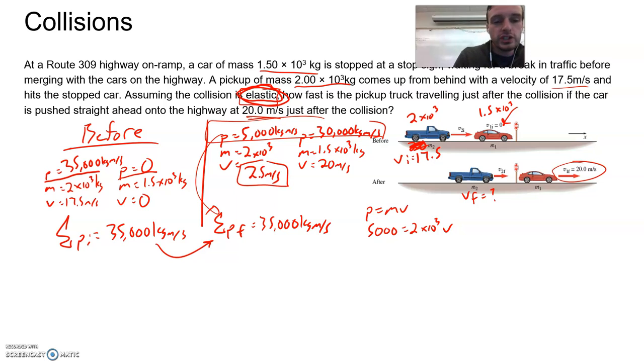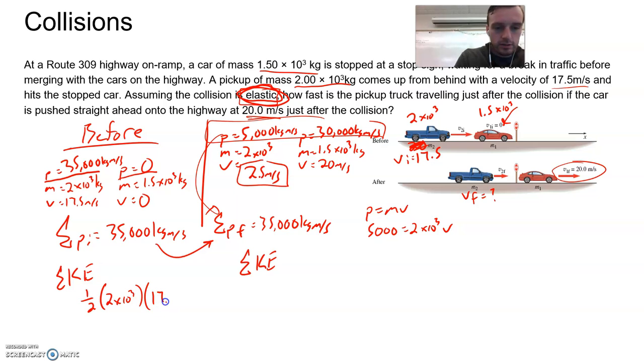So let's do an energy check. What is the KE before? The KE total, I should say. And what is the total KE after? Well, this is just a matter of plugging in 1/2 mv squared for all of our objects. Obviously the car at the beginning would have 0 kinetic energy, but we would do 1/2, m, 2 times 10 to the 3 and 17.5 meters per second squared.